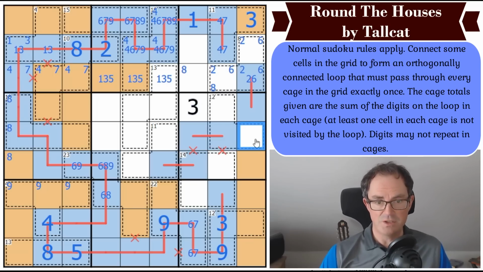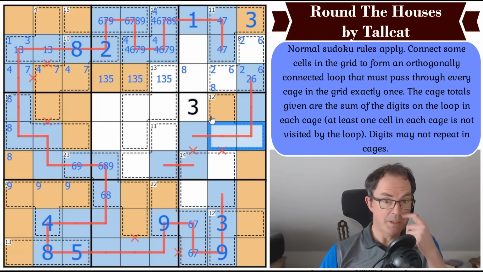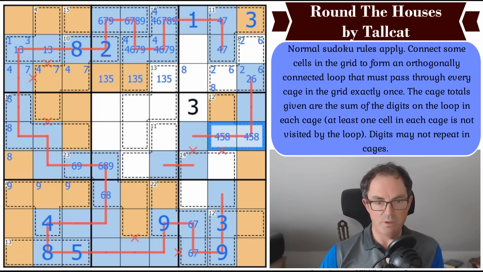So in fact, I do know, therefore, that this is blue, and you can see that has created a rather beautiful corner of the loop, which means this square here has got to be orange, and these two squares add up to 12, but they don't use 3, 9. So this is 4, 8, or 5, 7. This square can't be 4 or 7, so this square is 4 or 7. And this square is 5 or 8.